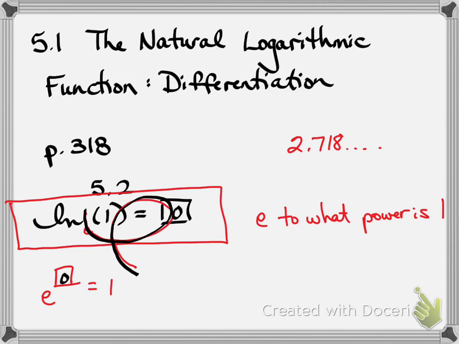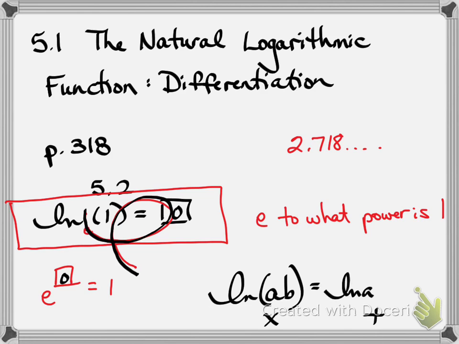And then property 2 is important, the natural log of the product. Remember, a product can be rewritten as a sum, so that's ln A plus ln B. Property 3 at the bottom of page 319 is the power, which is really important, and property 4 is the quotient.